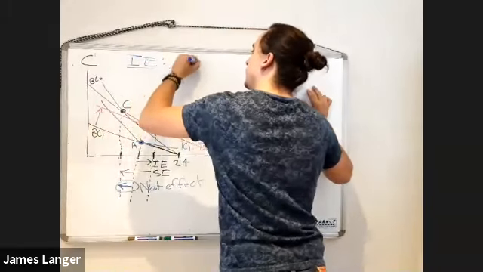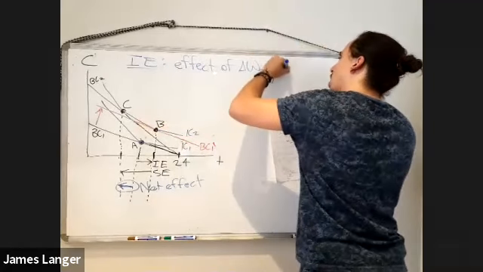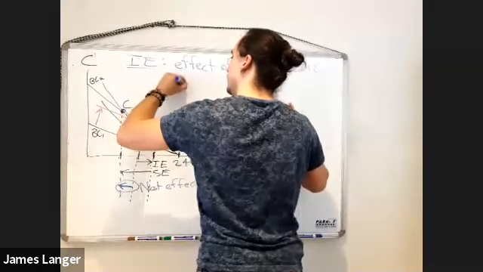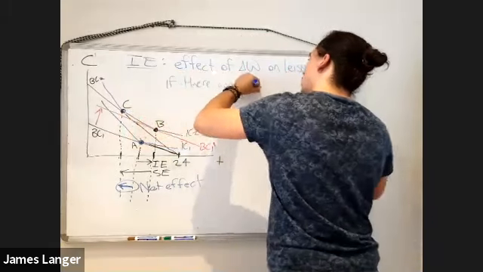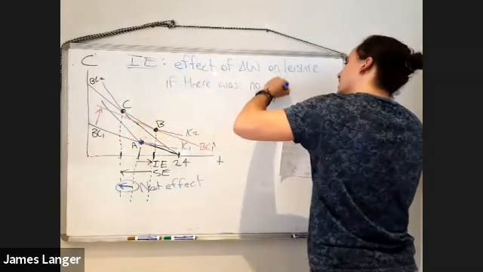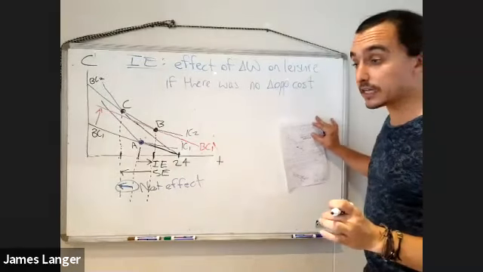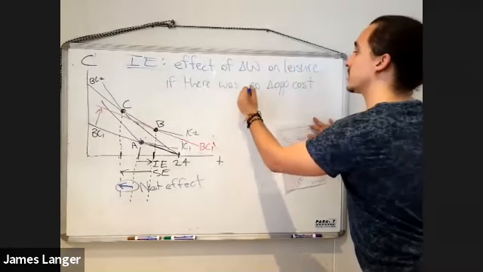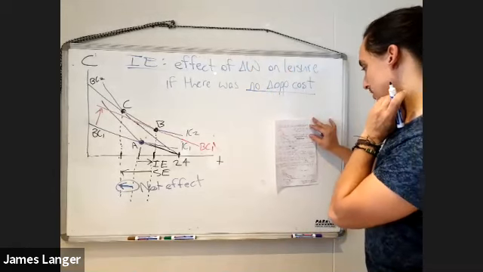Income effect is the effect of the change in the wage rate on leisure if there was no change in the opportunity cost.